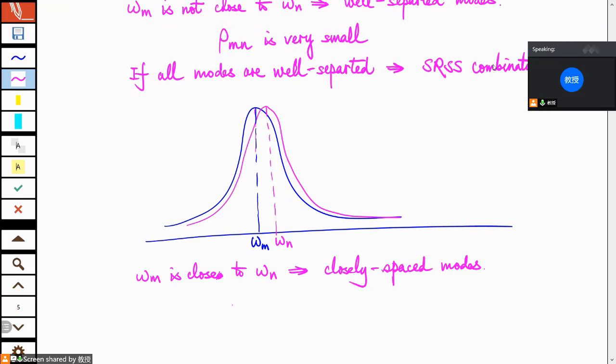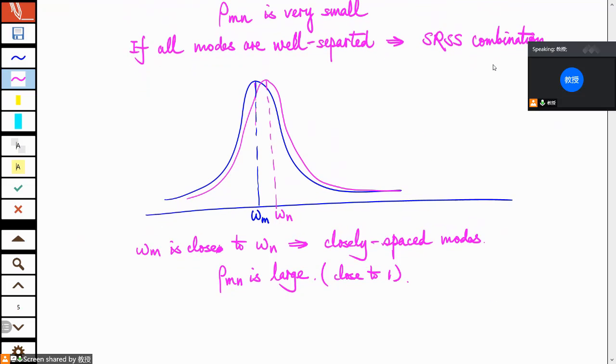And in this case, rho mn is large. Okay, so for example, close to 1.